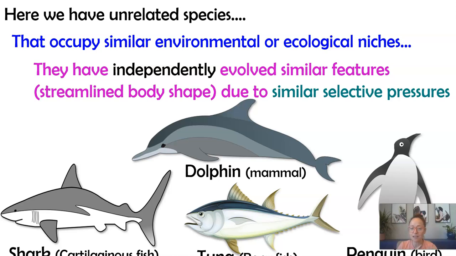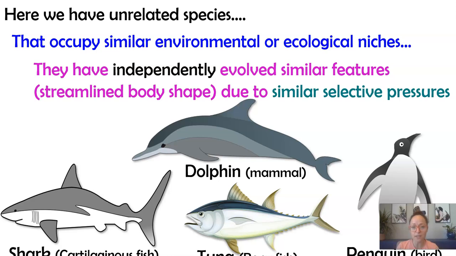So if we look at the shark, for example, this phenotype, this coloration, is due to natural selection. If you are a fish and a shark is swimming above you, their white belly is going to camouflage with the sunlight. And their dark back, if you're on top of the water and you're looking down, is going to camouflage with the depths of the ocean. And look at all of these pictures. They all have that dark back and that light colored belly.